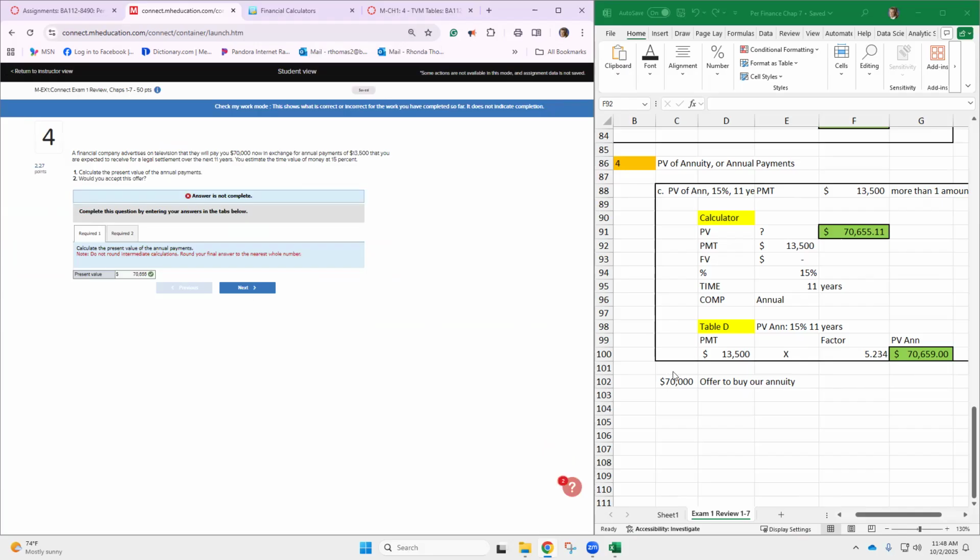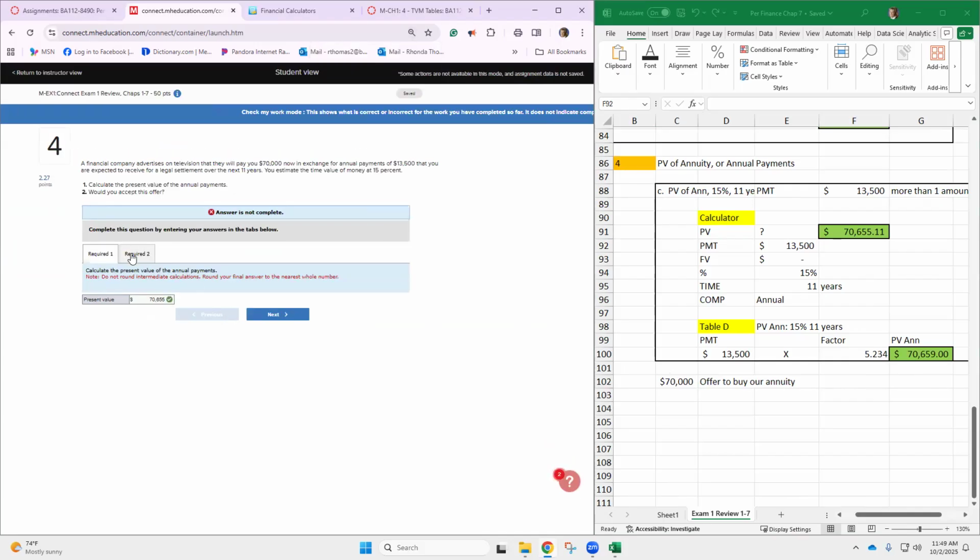So they're offering $70,000 for something that has, for me, today's value of $70,655. The idea is that if they don't offer you more than its present value, then you would say no. But to me, mine is very close, off by less than $700.